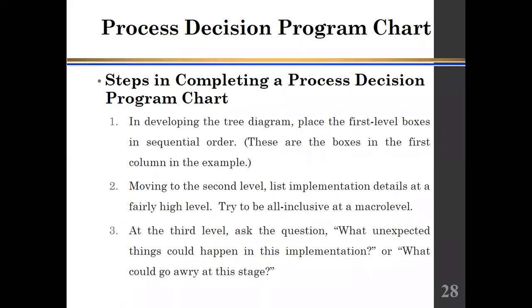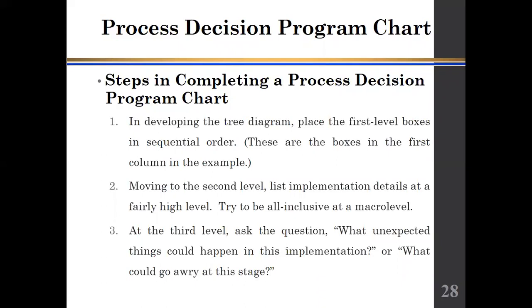Okay, at the third level, ask the question, what unexpected things could happen in this implementation, or what could go awry at this stage? And at the fourth level, brainstorm possible countermeasures to the problems identified at the third level.